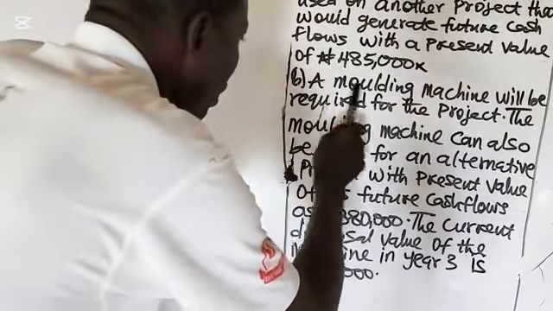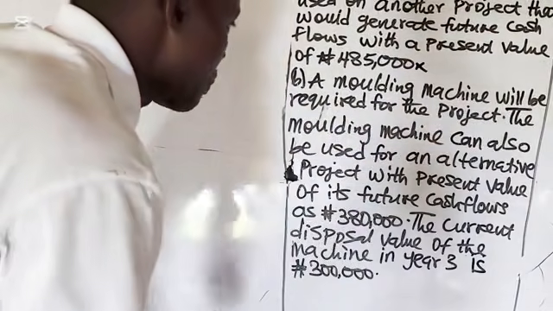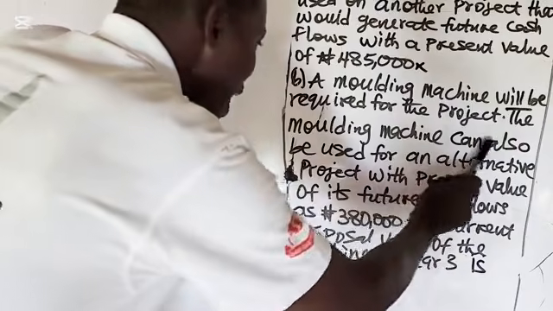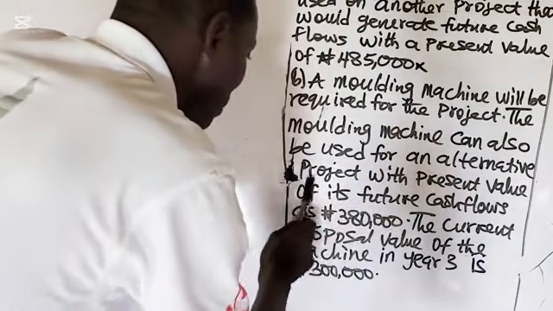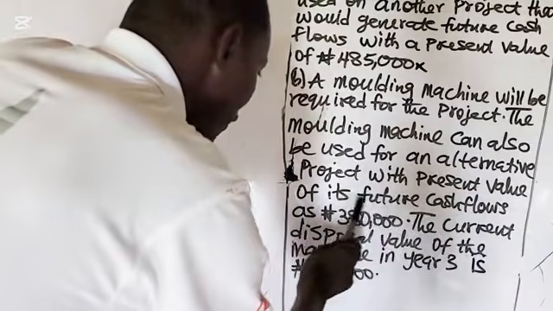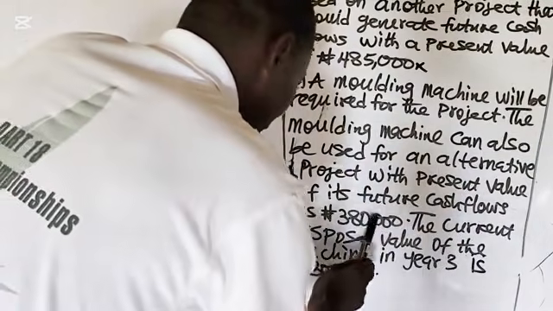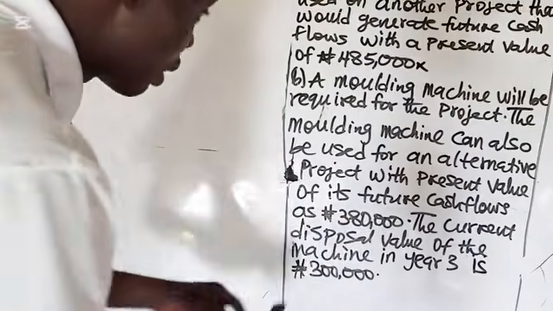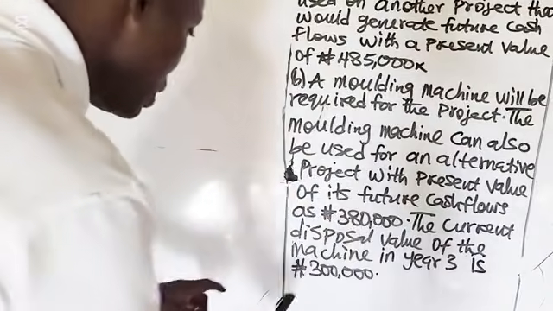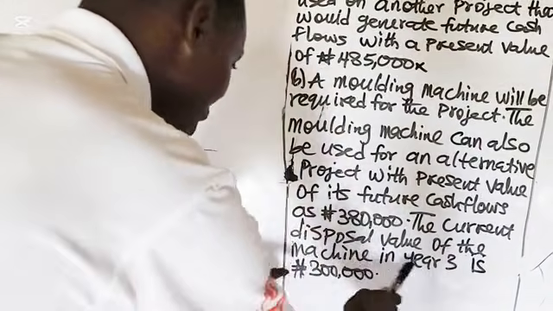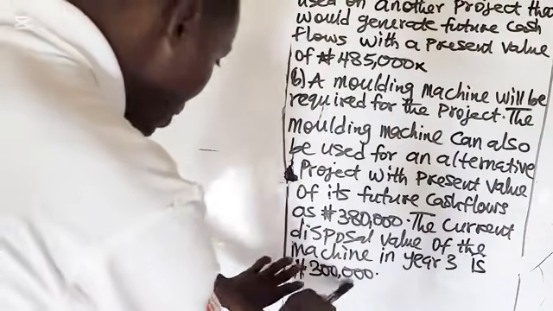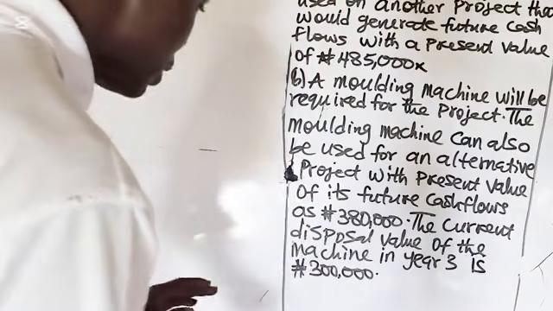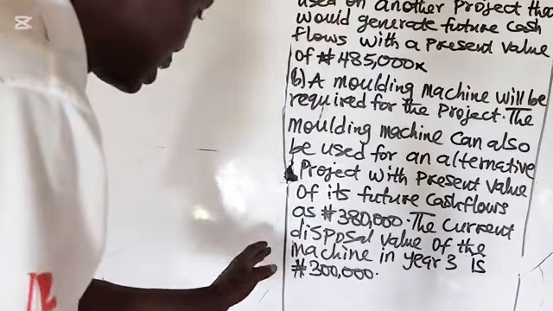B. A molding machine will be required for the project. The molding machine can also be used for an alternative project with present value of its future cash flows as 380,000. The present value of future cash flows from alternative use of the molding machine is 380,000. The current disposal value of the machine in year 3 is 300,000. So now you want to use the machine in the project.